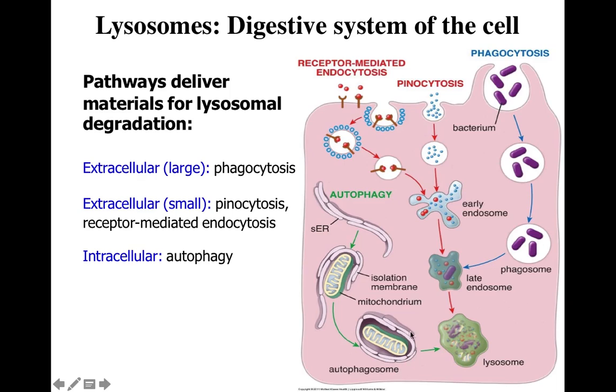We know that the endoplasmic reticulum is also composed of a phospholipid bilayer membrane. It means that the composition of this isolation membrane and the membrane of the lysosome is identical.